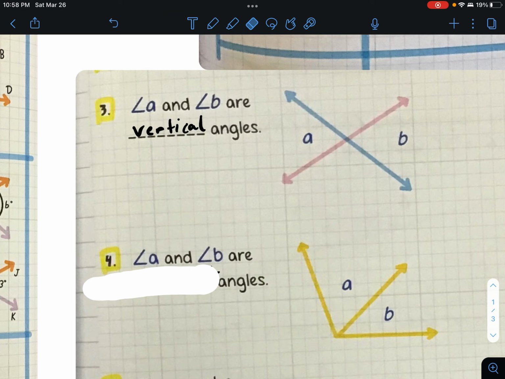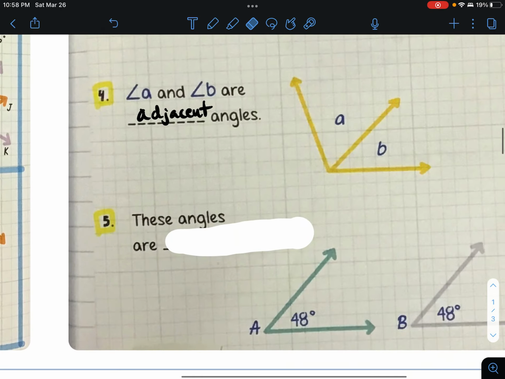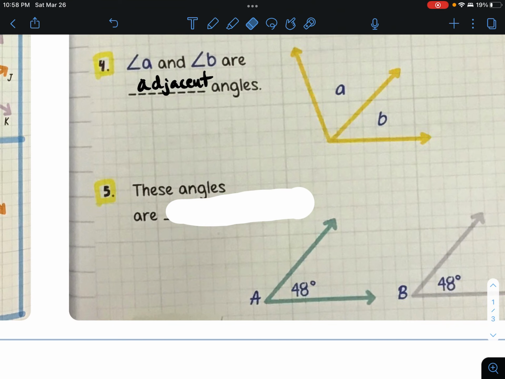Okay, likewise, we've got A and B. It looks like they share a vertex and a common side. Therefore A and B would be adjacent angles. Then 5.